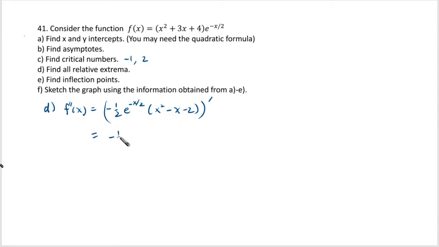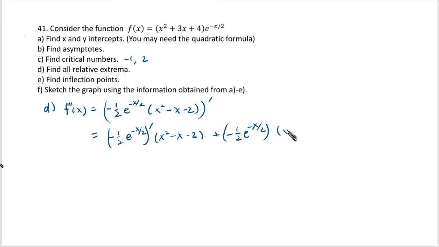So that's going to give me this derivative times the second, and then plus e to the negative x over 2 times x squared, no, not that one, I forgot the negative 1/2. That should be here.